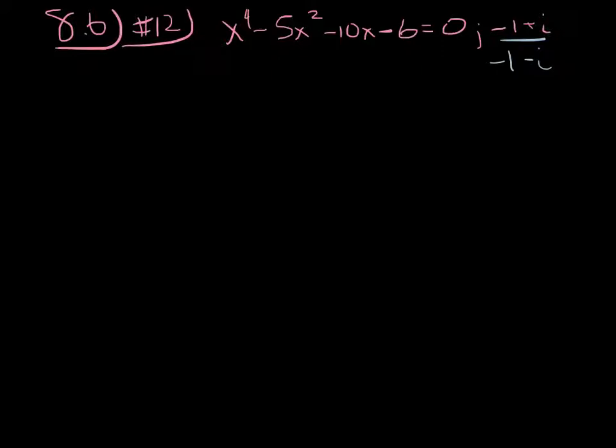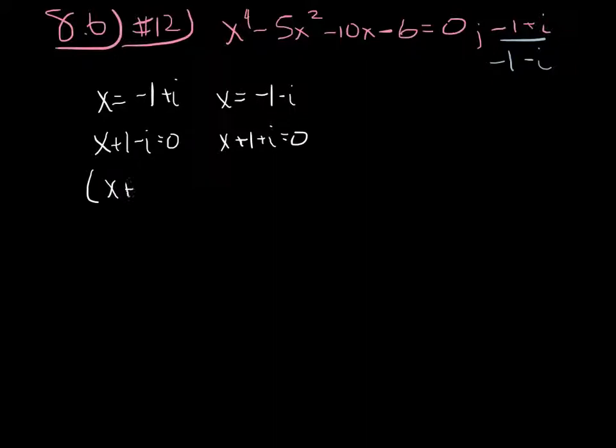So I'm going to do this one a different way, just to show you a different way. I know this is a root. I know this is a root. So I know x plus 1 minus i is equal to 0. x plus 1 plus i is equal to 0.